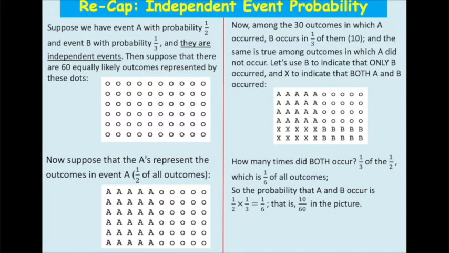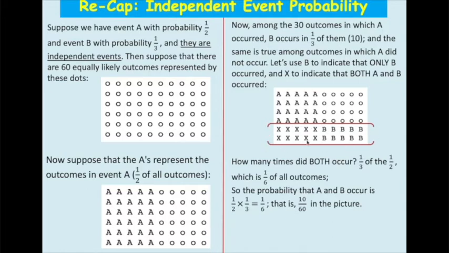Likewise, if we look at this part here, X is half of 1/3, because event B is occupying 1/3 of the sample space.